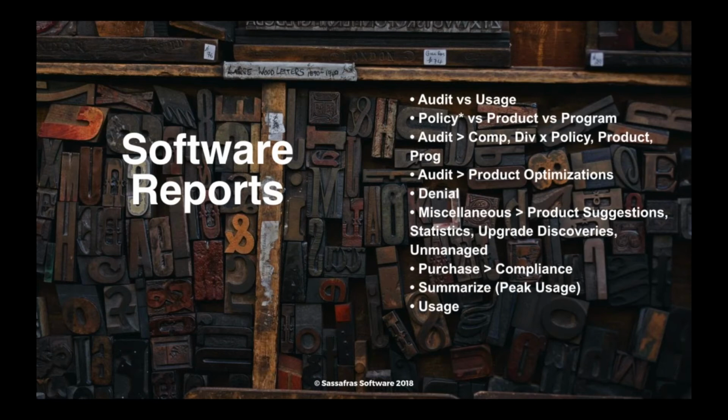With a policy report, you're going to get one instance of that software being used, even if there are multiple components to that software. Whereas with a product report, each component is tracked separately. What I mean by that is if a user has Adobe Creative Cloud and you have a policy tracking usage for Creative Cloud, and a user launches Photoshop and then launches Illustrator or another Creative Cloud product, the policy report is going to treat usage of all of those different components as one use of the software.